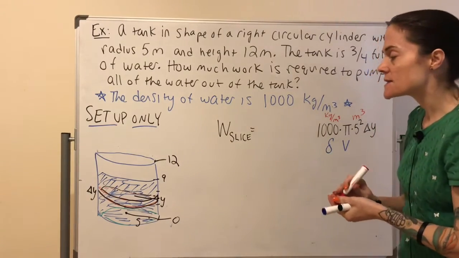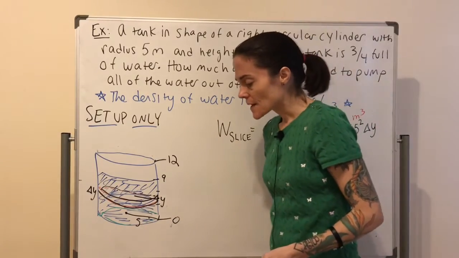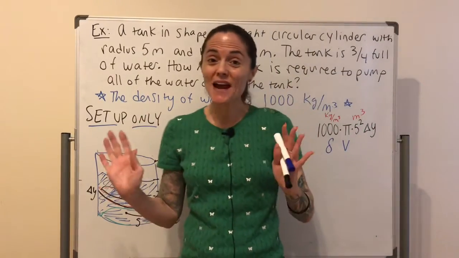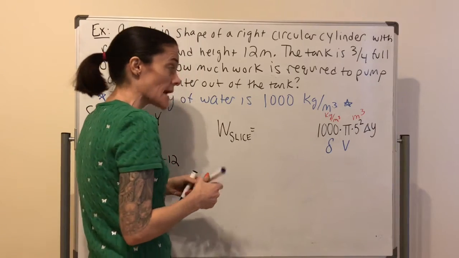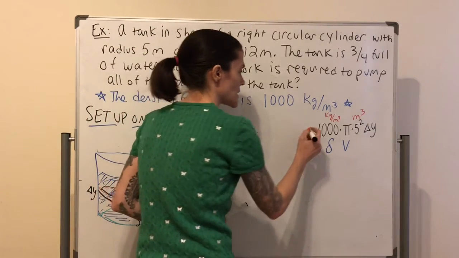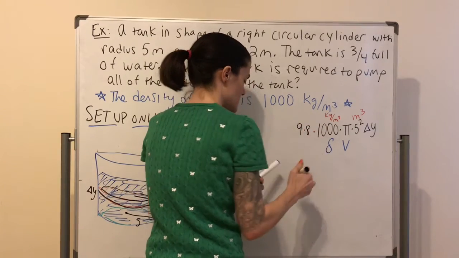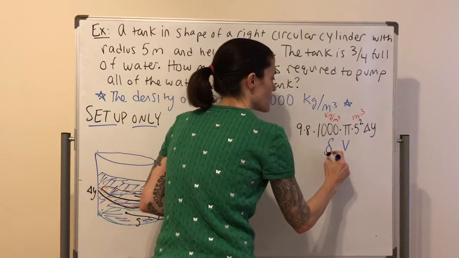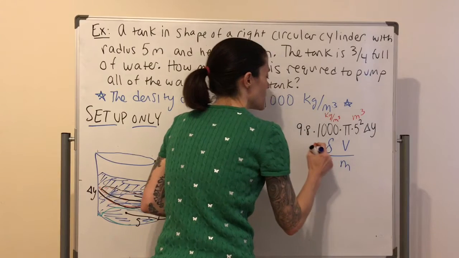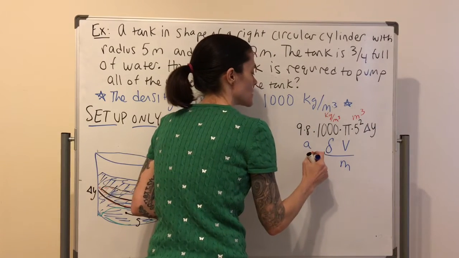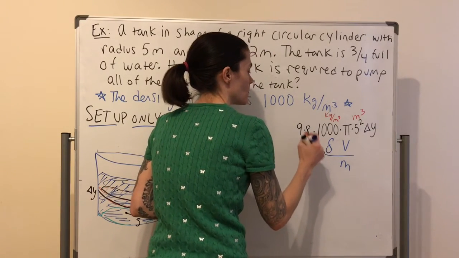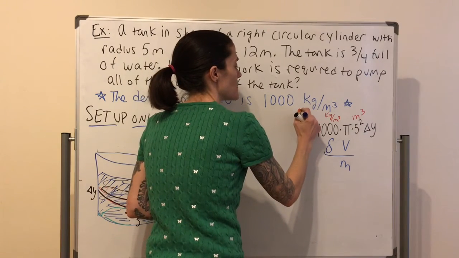Well, the acceleration here is due to gravity, which is 9.8 meters per second squared. So we have a 9.8. This is acceleration. So far, this gives me a mass times acceleration. Okay.